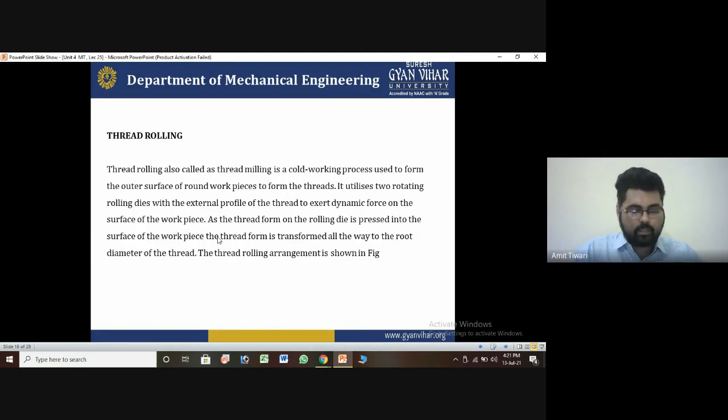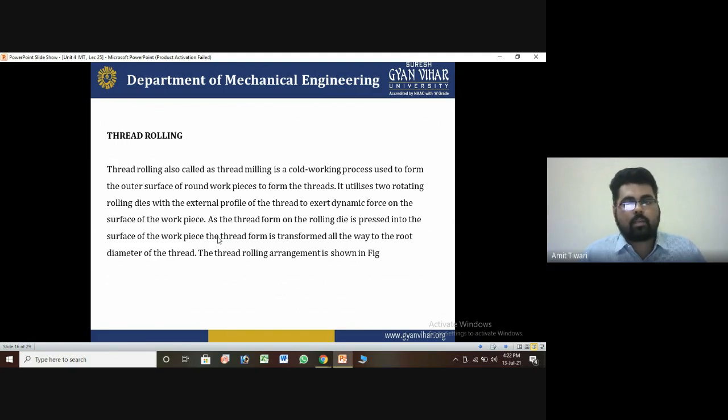Now thread rolling, also called the thread mill, is another type of technique used in making, like wire drawing or explosion forming. Thread rolling is a cold working process used to form the outer surface of the workpiece to form the thread.